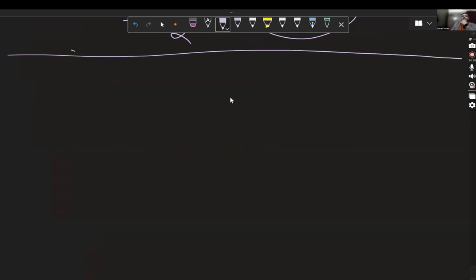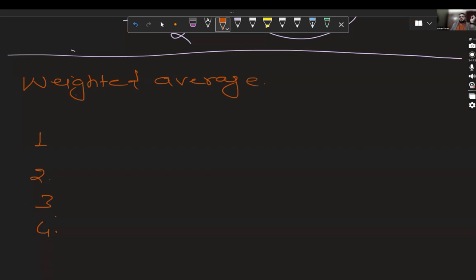Now we are going to learn another very interesting concept called weighted average. So let's recall the previous question, right? I said I have person 1, person 2, person 3, person 4, right? Person 1's age was 20, person 2's age was 28, person 3 was X, which we determined as 26, and the last person was 22.